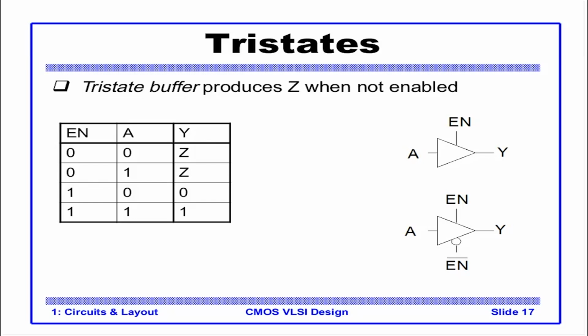A 0 on A would mean a 0 on Y, a 1 on A would mean 1 on Y. Now let's compare this to a basic static CMOS circuit. So let's compare the two different styles. The basic gate in CMOS static circuit was an inverter, which had two transistors. So Y was the complement of A. And the source of one is connected to the drain of the other.